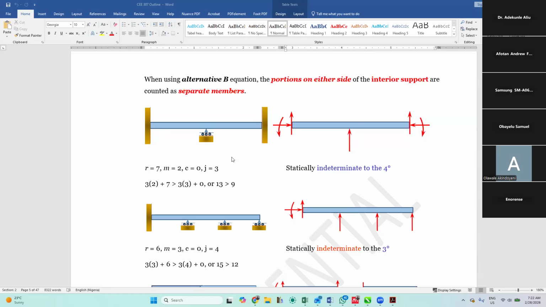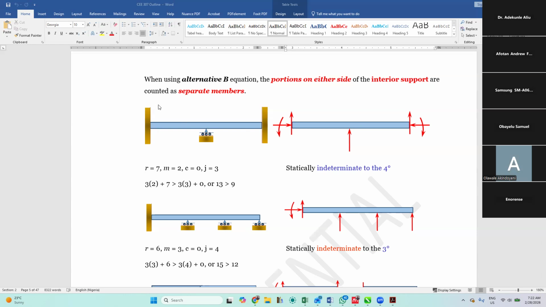Let me explain again. Unlike the first example we did, in the first example, this is a single member, right? But in this alternative B, where we have a support, anyone after that support is a member, and the one in front of it is another member. So for this one now, we have member 1, member 2.